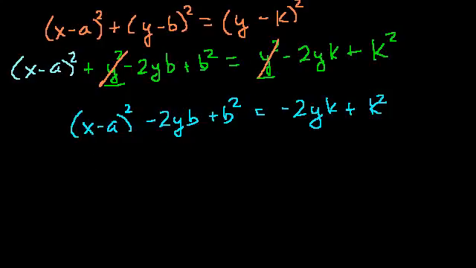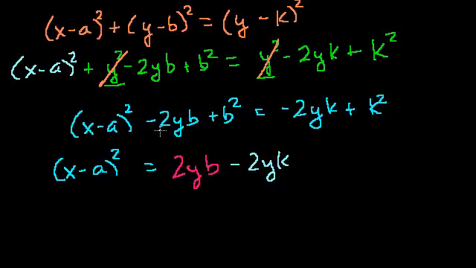If we add 2yb to both sides, we'll have a positive 2yb on the right-hand side, and then that minus 2yk right there. And then we subtract b squared from both sides, so it's minus b squared plus k squared. I just arbitrarily decided to write whatever I transferred from the left-hand side to the right-hand side in magenta, so maybe it makes it a little bit clearer.